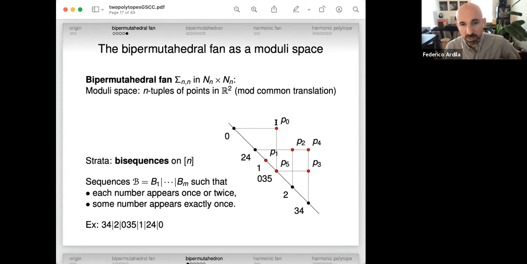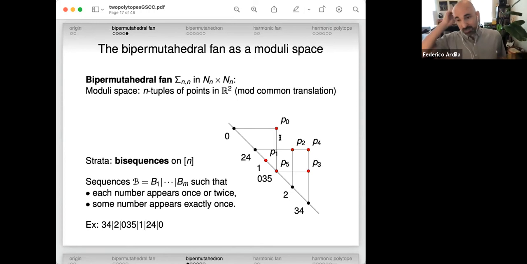If I move it down, I'm going to get the same bisequence, until I hit this point. And then when I hit this point, all of a sudden the shadow of 0 is going to land here onto the bisequence 0 to 4, and so that's a different bisequence. And so that means that I have fallen out of that region of the fan. Okay. So that's how this works.